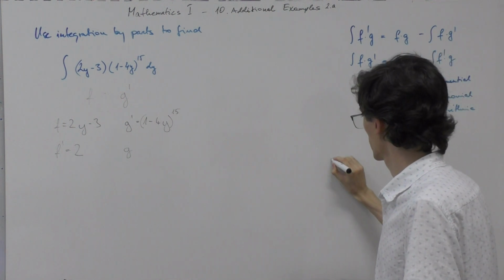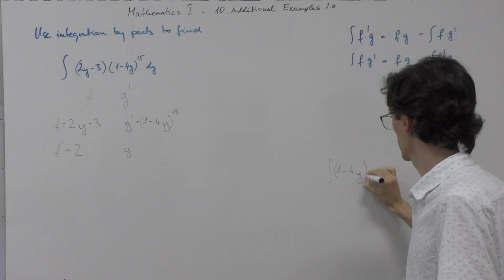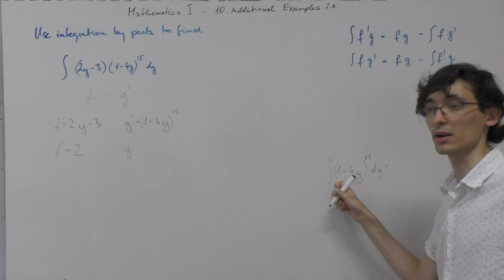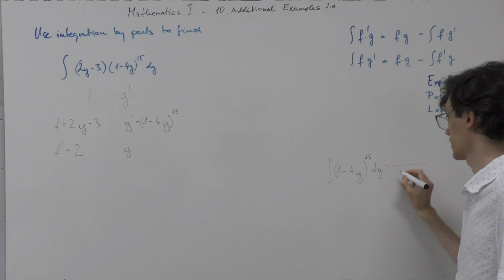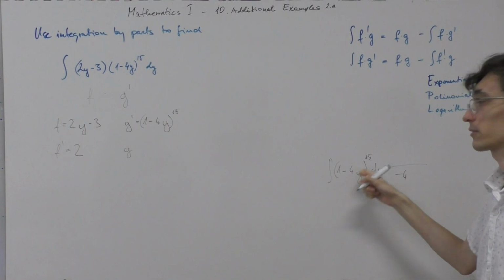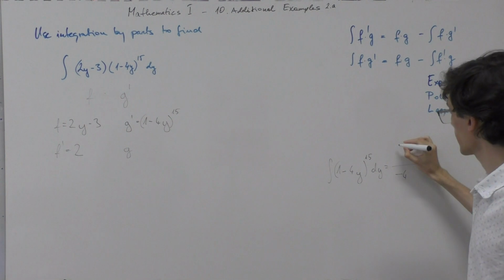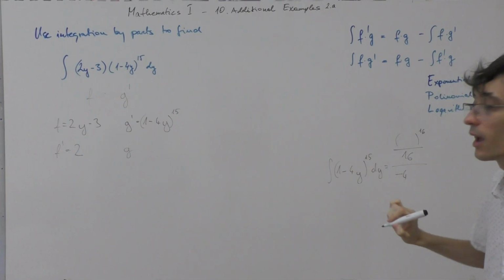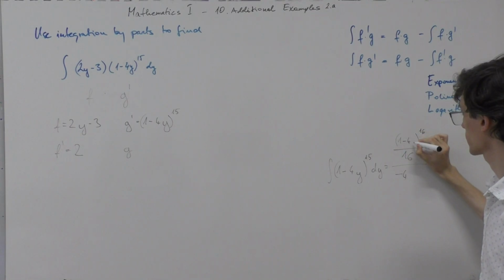Of course, we need the integral of 1 minus 4y to the 15th power dy, and here we can see a linear function of y with negative 4y, so we will have to divide by negative 4, and the rest of the function is just x to the 15th power, the antiderivative of which is x to the 16th power, so we will have to the 16th power divided by 16, and of course inside we must write our inside function 1 minus 4y.